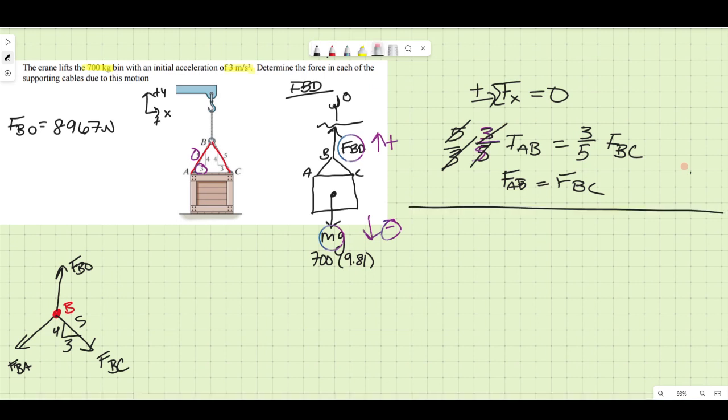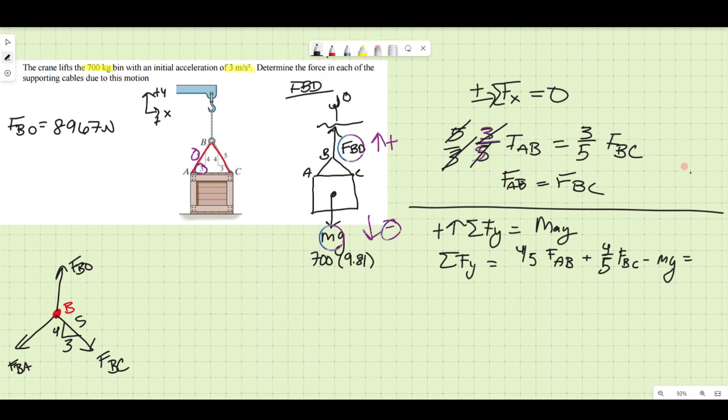Now we're going to do a particle equilibrium for forces in the y. Summation of forces in the y is going to equal m a_y. So now we have the summation of the forces equal to 4/5 force AB plus 4/5 force BC minus mg.